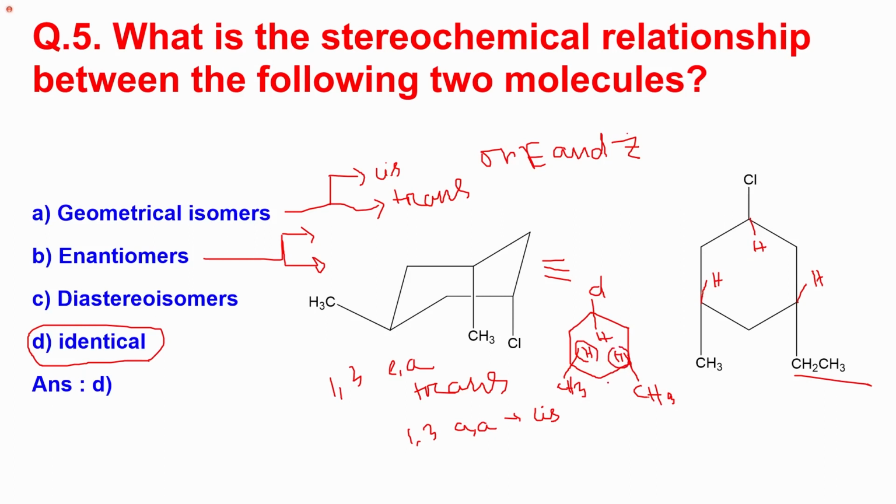It's like a planar cyclohexane molecule, where the two CH3 are above, and the two CH3 are in the below position, and the Cl is on top of the plane, and the hydrogen is below the plane. So now neither is it diastereomeric, nor an enantiomer, nor a geometrical isomer. So only one is left.